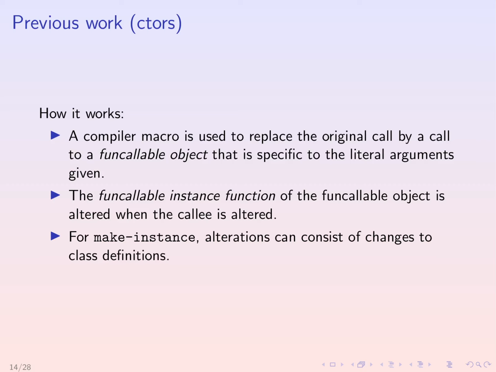And then this funcallable object is, of course, communicated to something that we could call the call site manager that knows to update the funcallable object when the callee changes. So the call site manager modifies the funcallable instance function of the funcallable object when the callee is altered. So for instance, for make-instance, those alterations of the callee could consist of changes to the class definition of the class being instantiated.